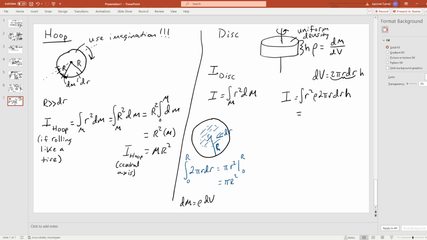And a lot of this is constant. Rho is constant if we have uniform density. Of course, 2 pi is constant and h is constant. So this is going to be 2 pi rho h times the integral of r squared times r, which is r cubed dr, from 0 to capital R over the entire disk.